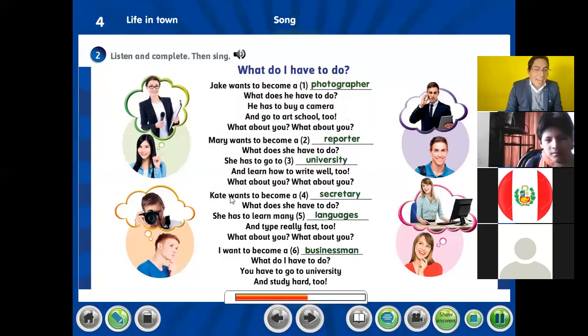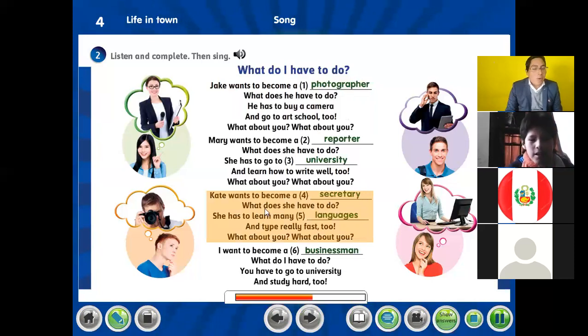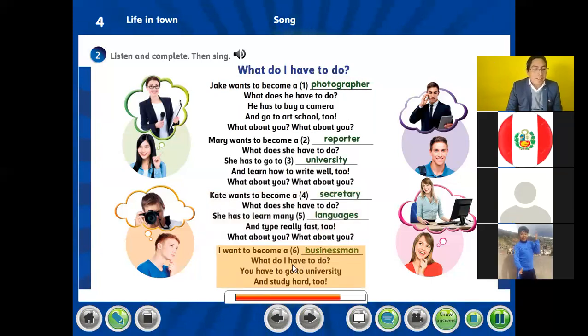You Jay wants to become a reporter. she has to do. She has Has to be and was really fast to you. I want to become a businessman. What does matter to have the university and study hard to you? What about about you? What about you? What about you? What about you?